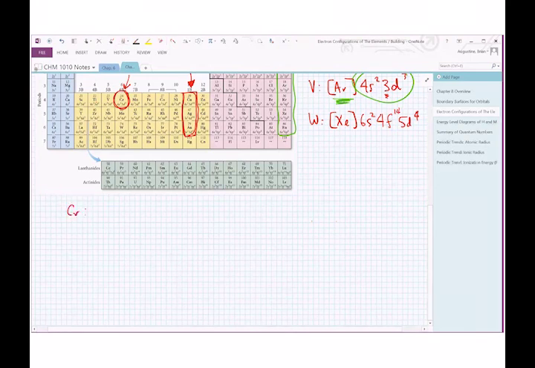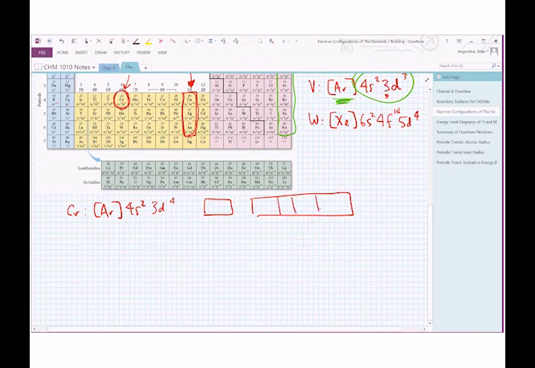All right, so chromium, the electron configuration for this is argon, and we would anticipate it to be 4s2 and then 3d4. So if we're drawing boxes to stick electrons in, 4s2, and 3d4. That's what we would expect it to be.